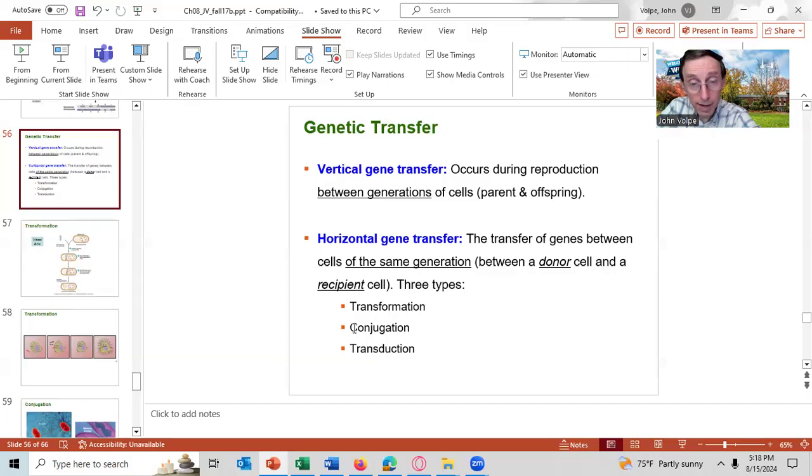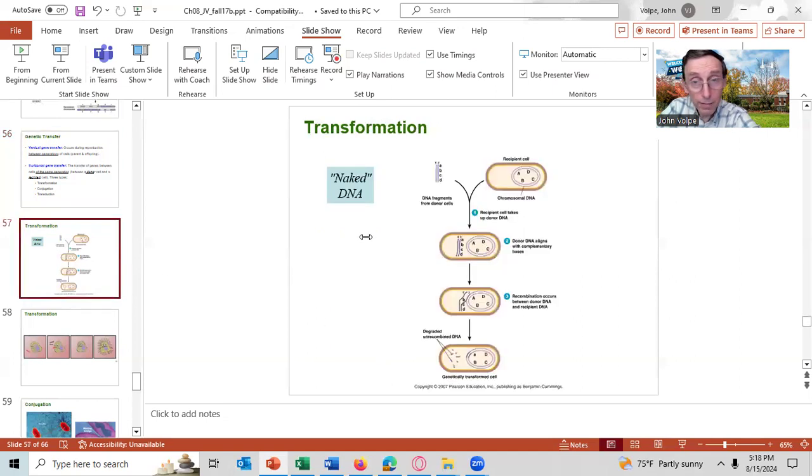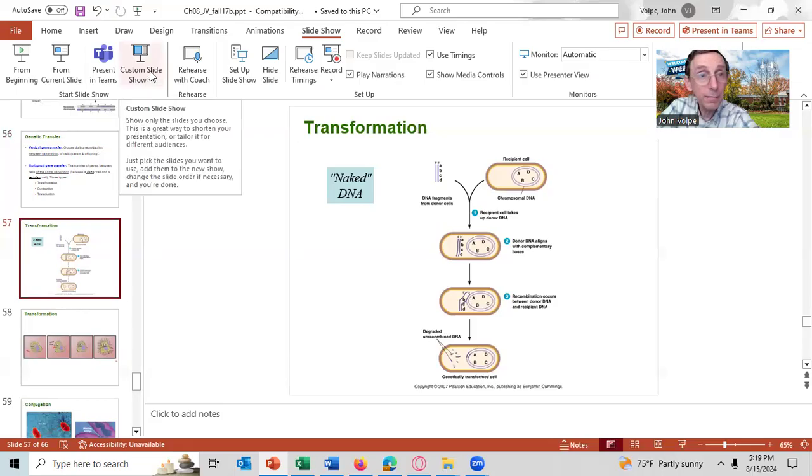We'll talk about this happening in E. coli because I'm most familiar with it in E. coli, but it can happen in bacteria. Transformation is where DNA literally leaves the donor cell, and that usually happens when the donor cell dies. And then we have a naked piece of DNA out here, meaning it's not in the cell.